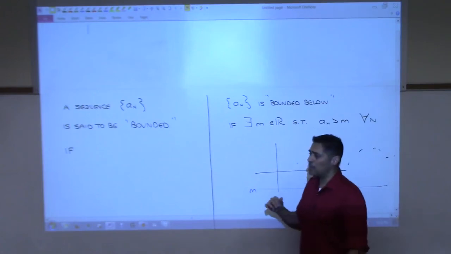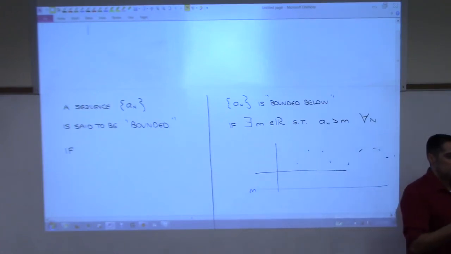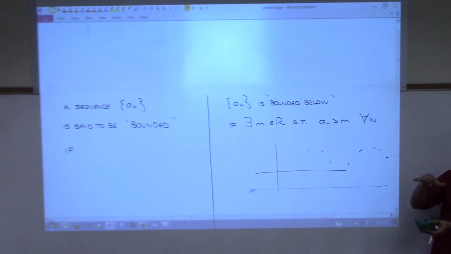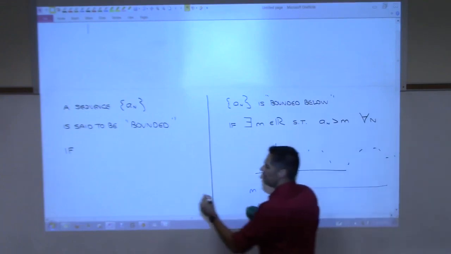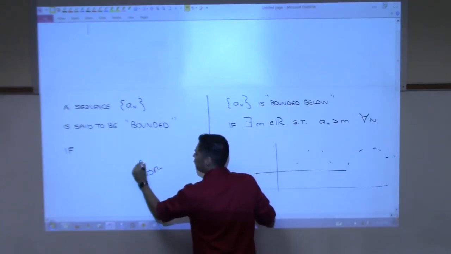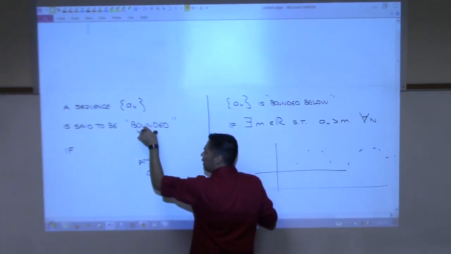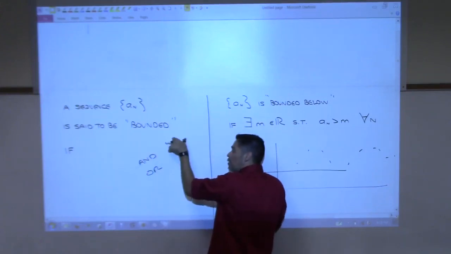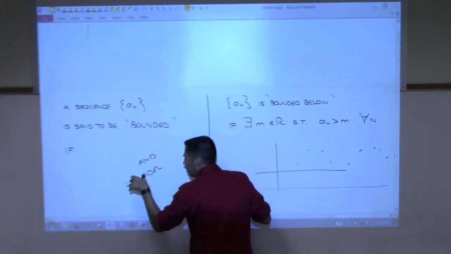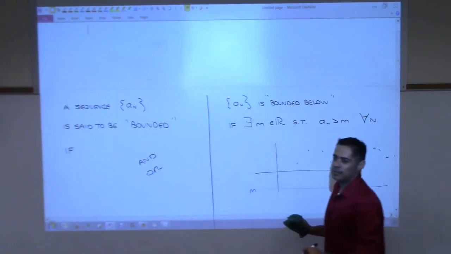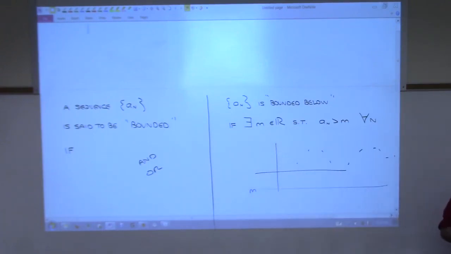If I tell you a sequence is bounded, to you does that mean above and below? Or just above or below? I guess my question is, do you think it means bounded above and below, or bounded above or below? It's the and, all right?